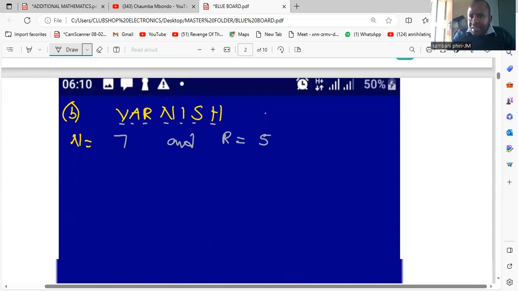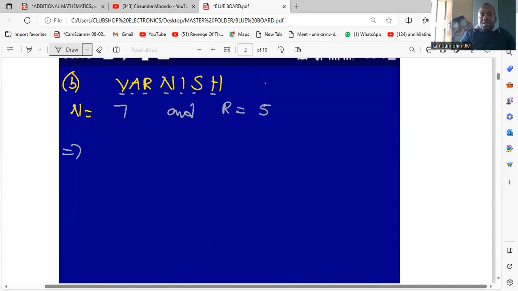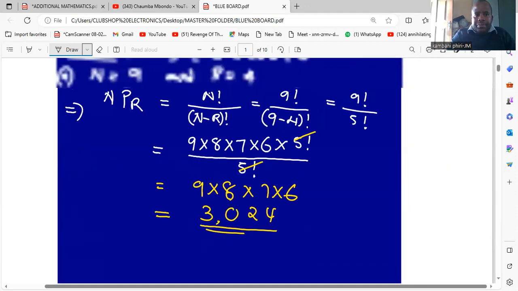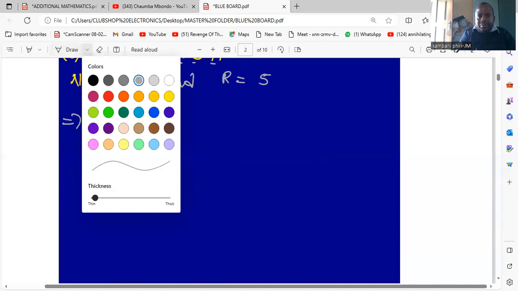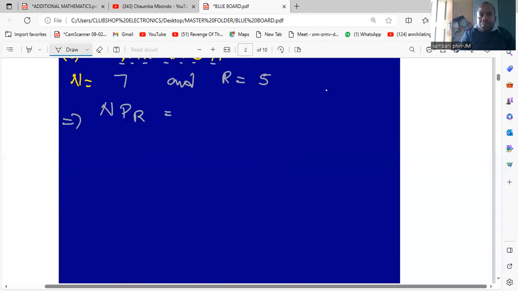Since we're talking about arrangement, we are dealing with permutation. This will be equal to nPr is equal to n factorial divided by n minus r factorial. This will give us 7 factorial divided by 7 minus 5 factorial.